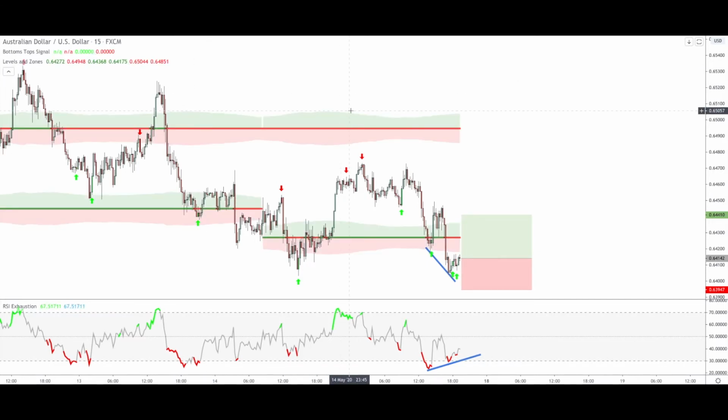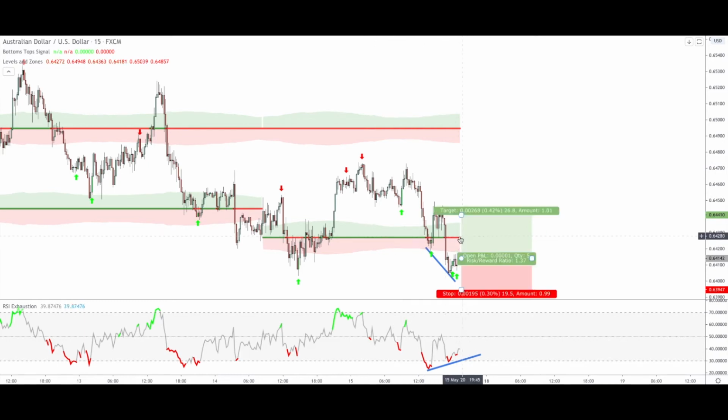The levels and zones basically give us an indication of where the most significant levels and the buy-sell zones are. Right now it's colored red, so it's resistance, but essentially it's a support.